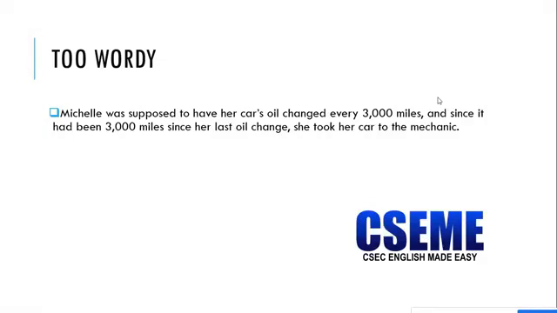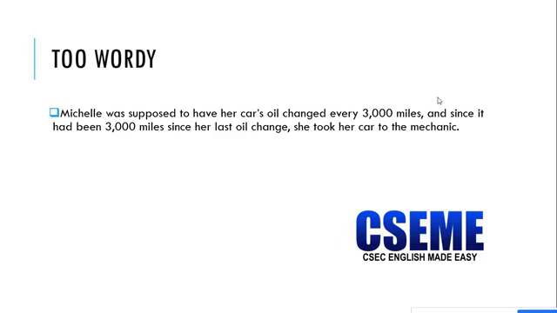Now we look at this lovely sentence. Michelle was supposed to have her car's oil changed every 3,000 miles. And since it has gone 3,000 miles since her last oil change, she took her car to the mechanic.